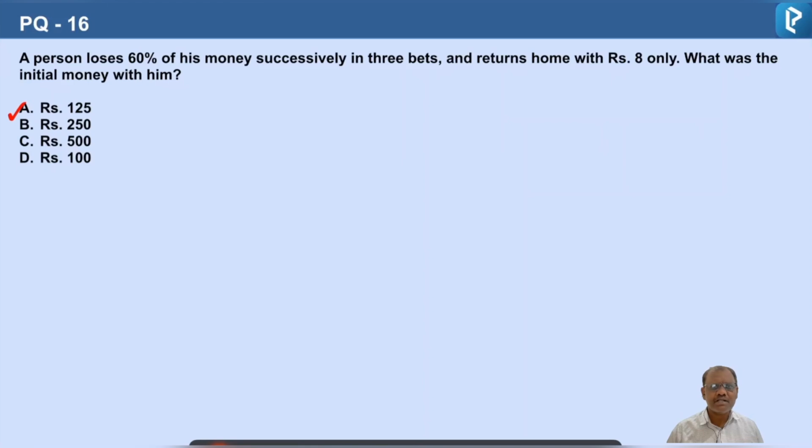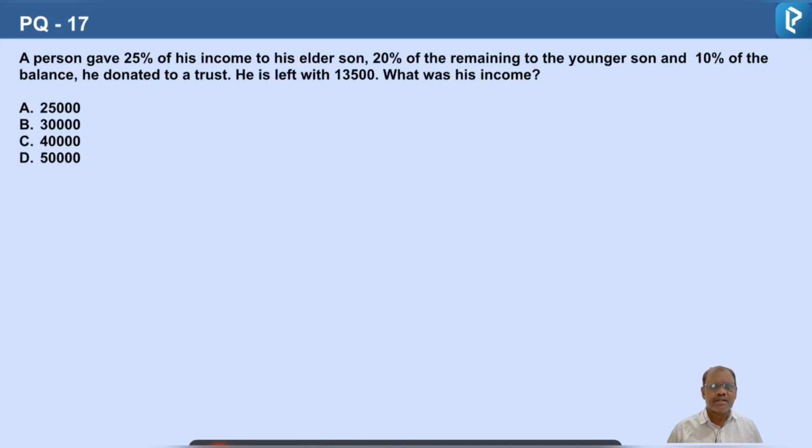Question number 17. A person gave 25% of his income to his elder son, 20% of the remaining to the younger son, and 10% of the balance he donated to a trust. He is left with rupees 13,500. What was his income? So let us assume the income as 100.